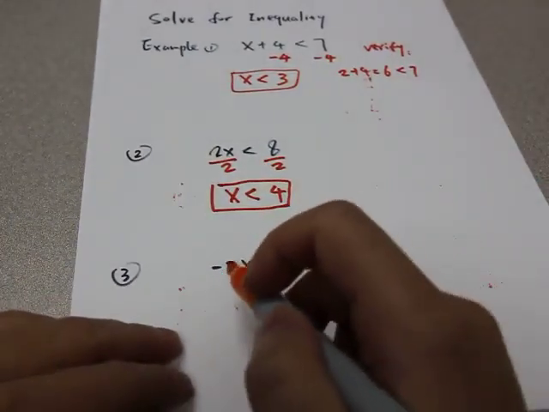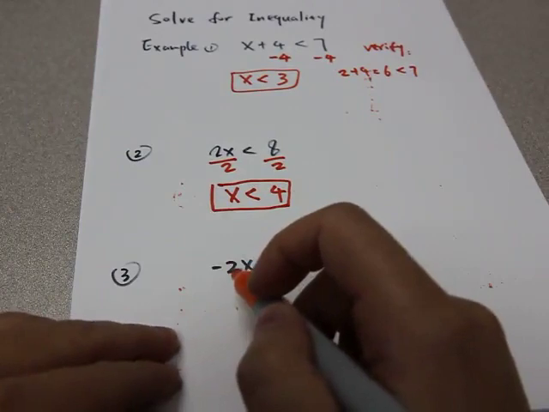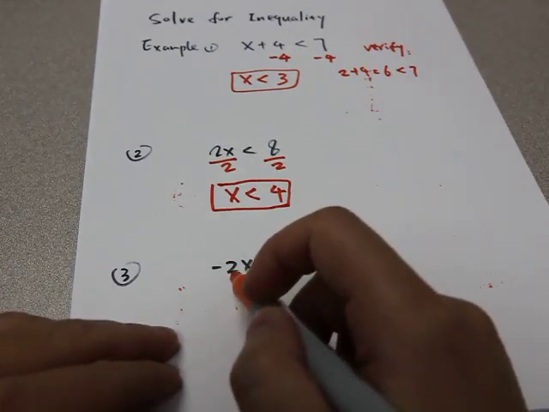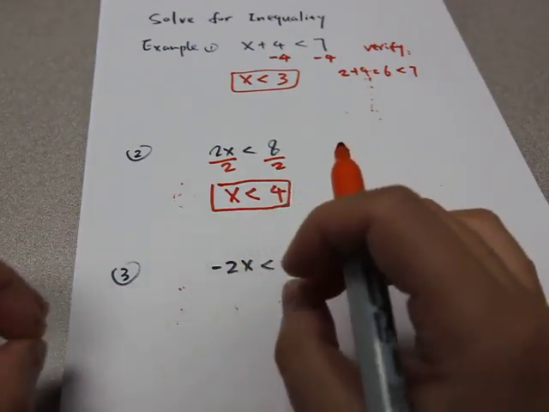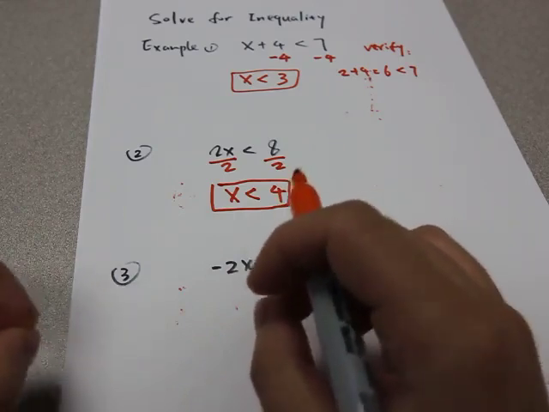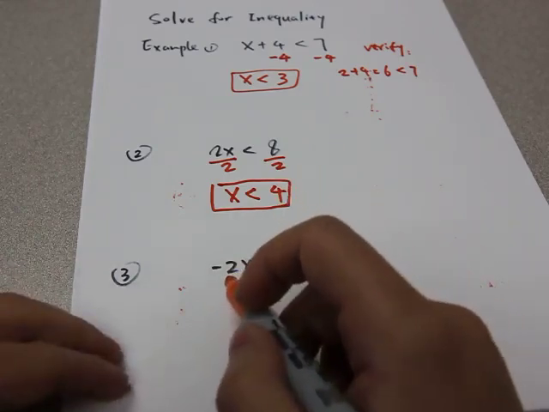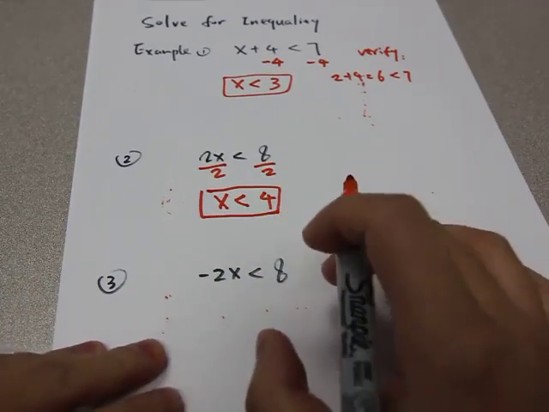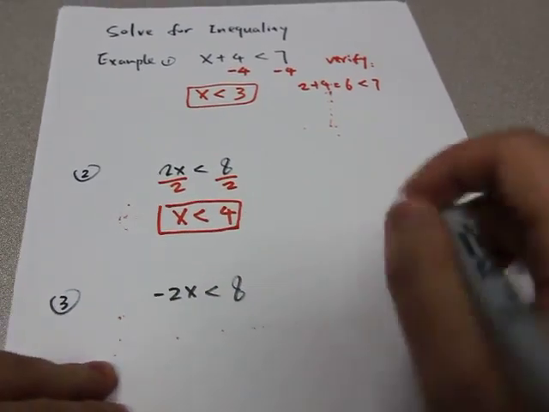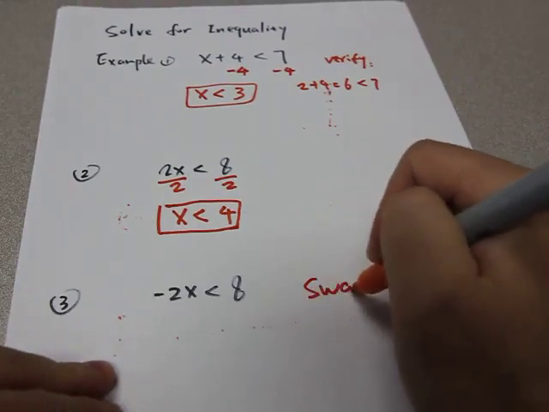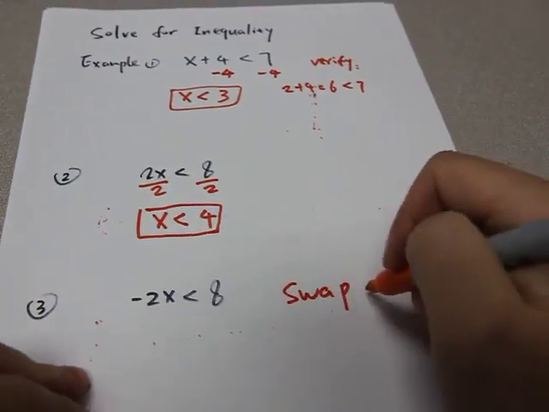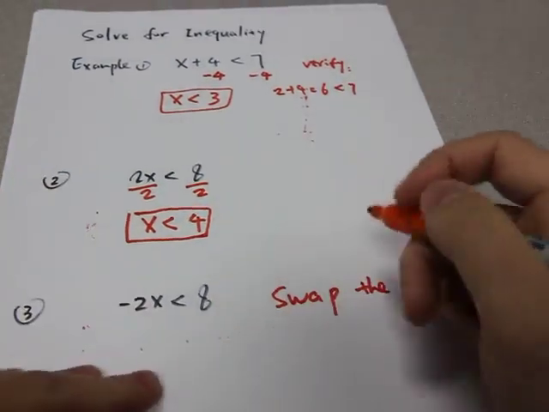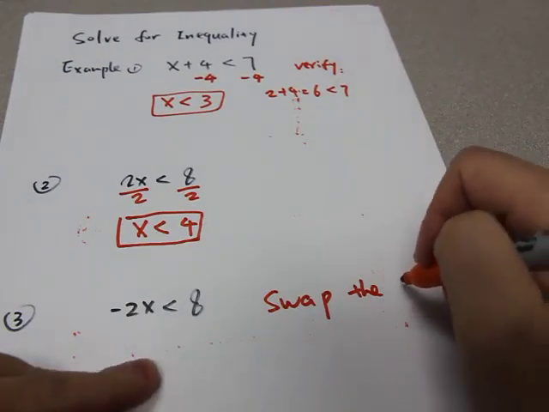However, please keep in mind, if the number which you are going to multiply or divide by is a negative number, then after you multiply or divide by this negative number, you have to swap, you have to change the inequality sign.